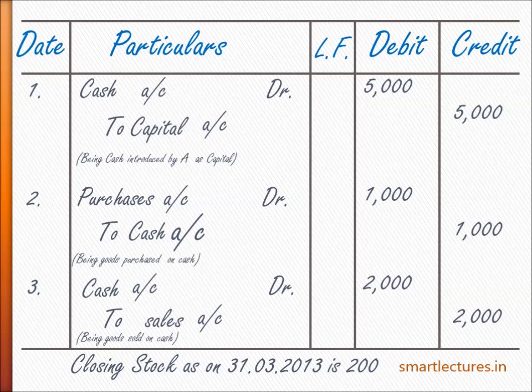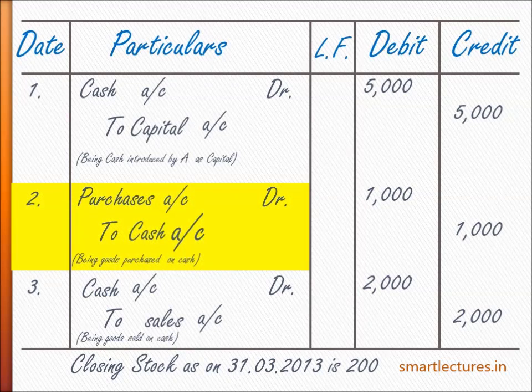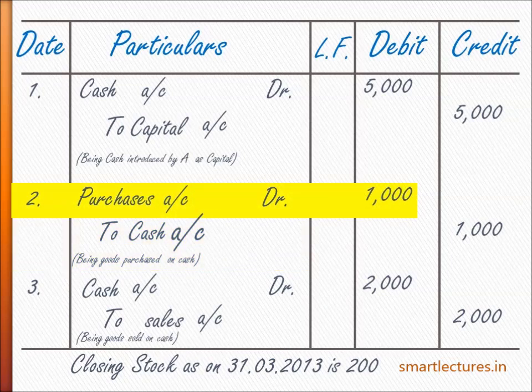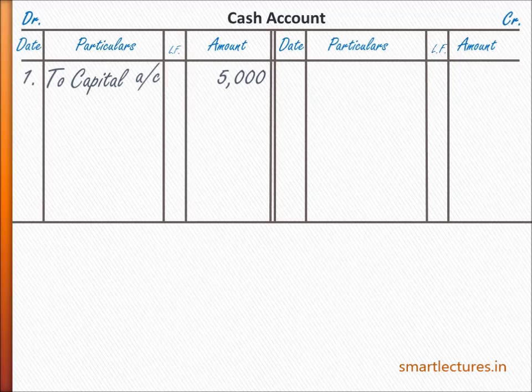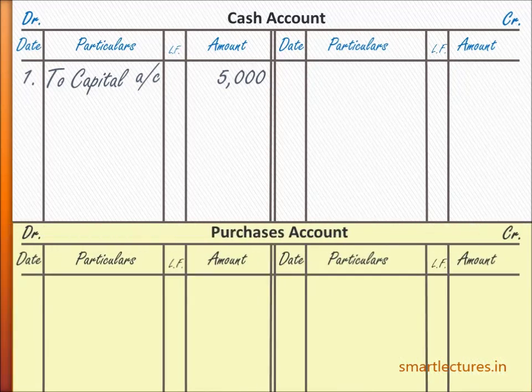Now come to journal entry number 2, purchases account debit to cash account. It means purchases account debit rupees 1,000. It means debit purchases account by rupees 1,000, or you can say in ledger posting, write down rupees 1,000 on the debit side of purchases account. So let's move to the purchases account.